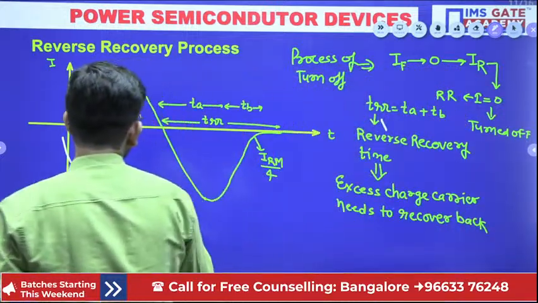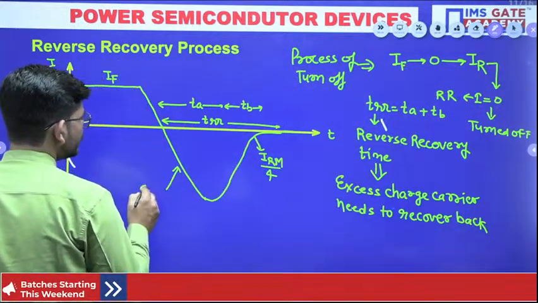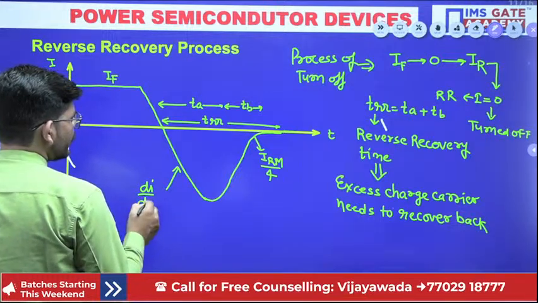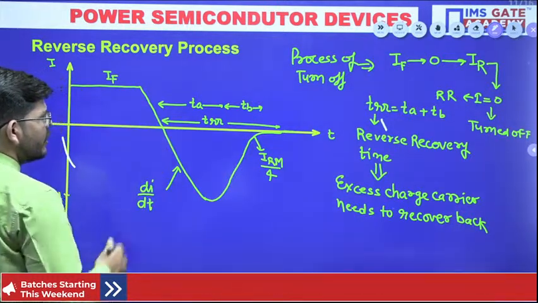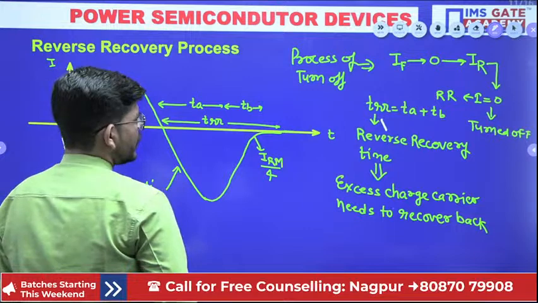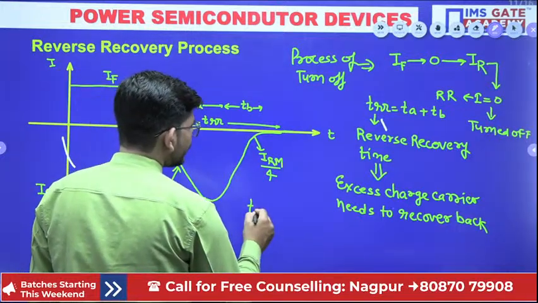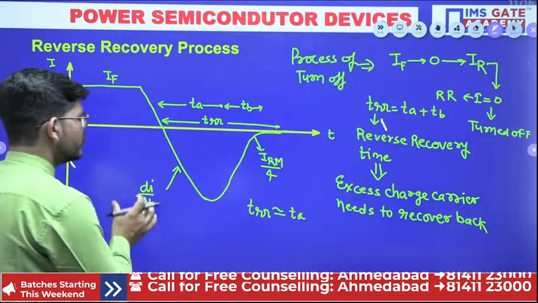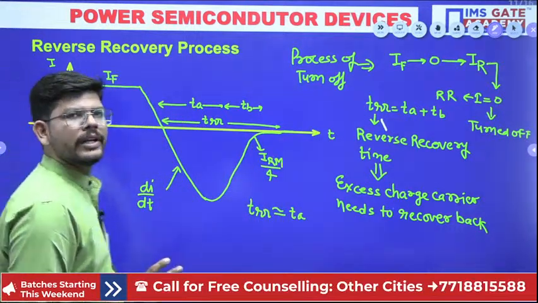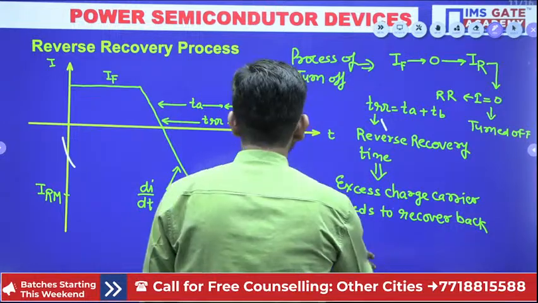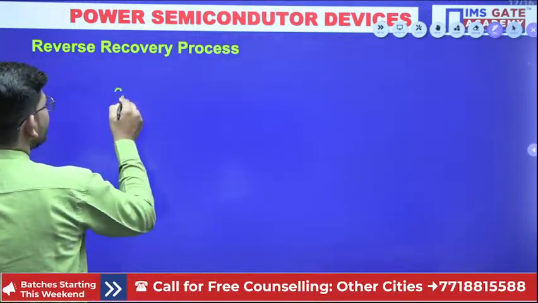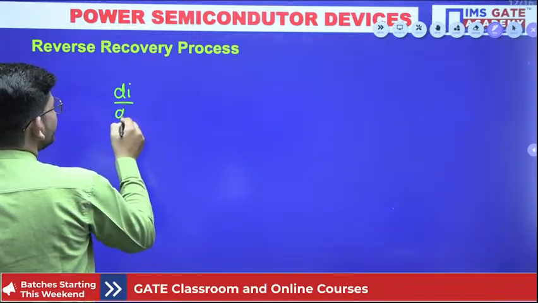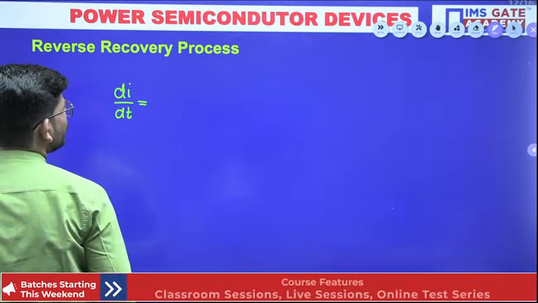Okay, now we may call the slope of this particular IR current di by dt. Now we may approximate TRR to be TA only. We may approximate TRR to be TA only. Okay, so if we want to calculate the slope di by dt, then what will it become?